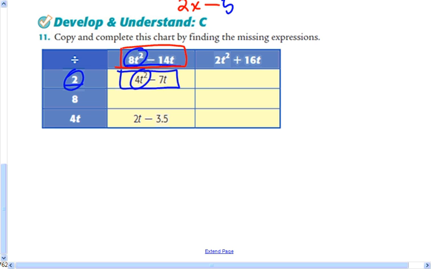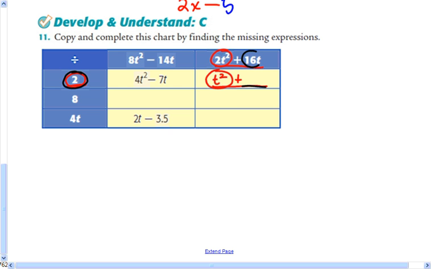All right, so let's think about that to get this next one here. This number divided by this number equals this number. Or we can work backwards and multiply. That's sometimes easier. 2 times this number equals this number. So we need a t squared there because we have the 2. Plus, then we're going to think about 2 times what number here is equal to 16t. And that would be 8t.